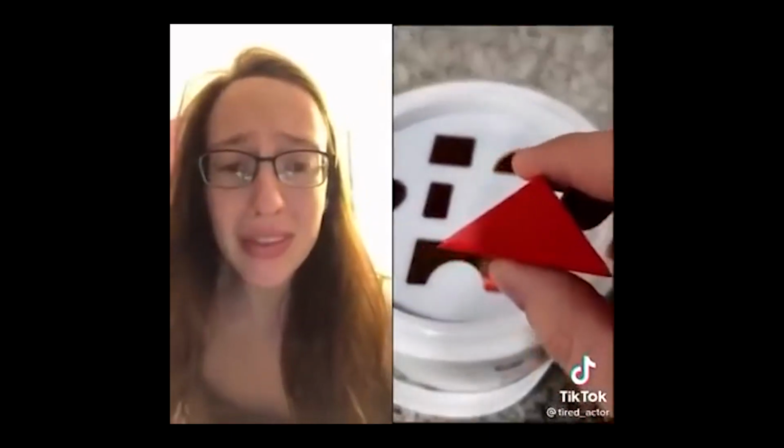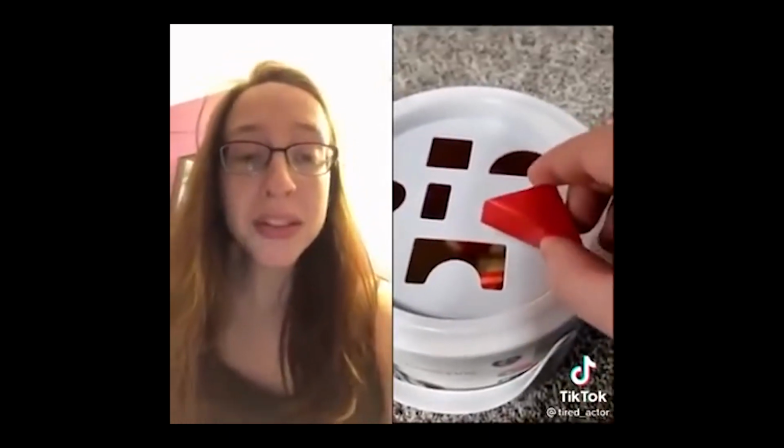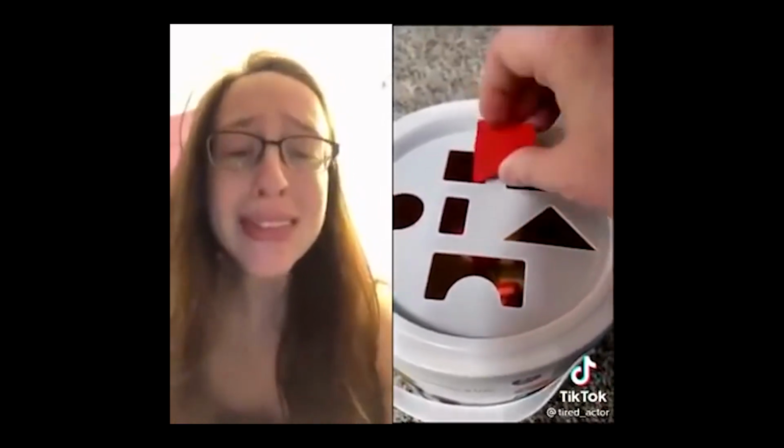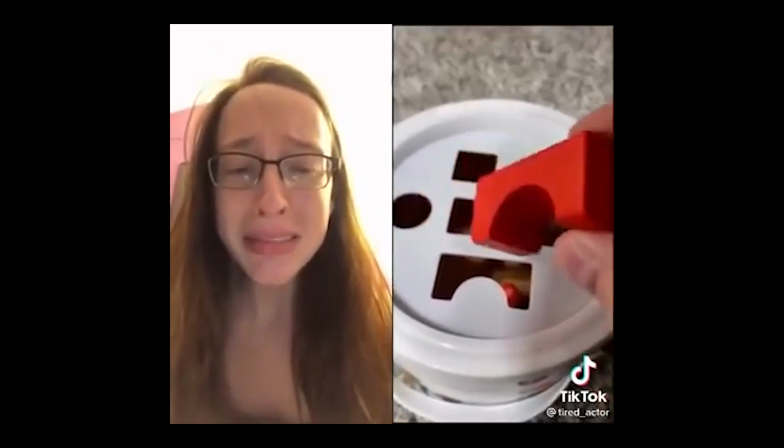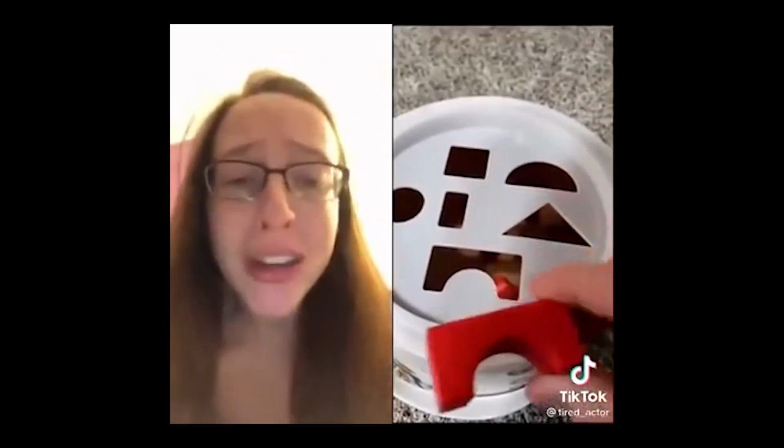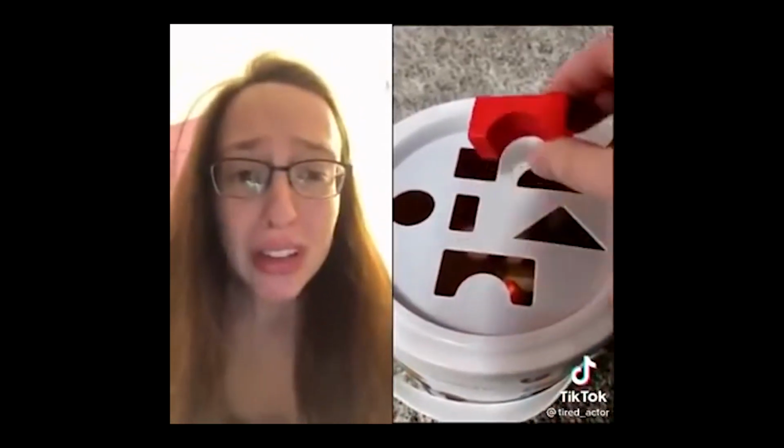Now, we've also got this semicircle right here. Do you see a slot that would fit the semicircle? The semicircle. That's right. It's the square hole. Okay. Up next, the triangle. We know what hole that goes into, right? Triangle. That's right. The square hole. And up next, we have the arch. The arch. You guessed it. The arch. It goes in the square hole.